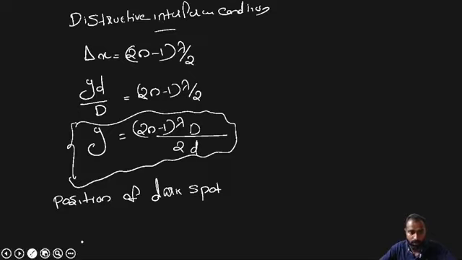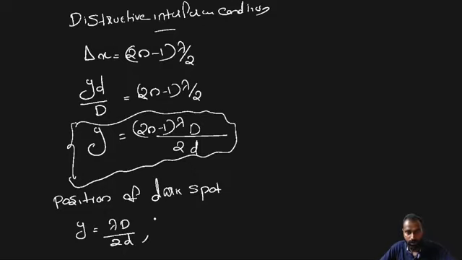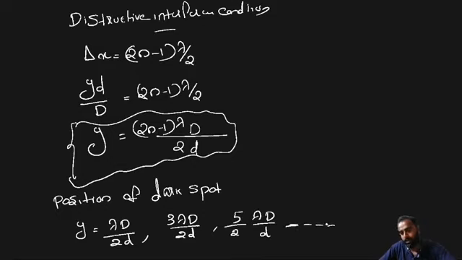So y will be, for n equal to 1, lambda D by 2d, and for n equal to 2, 3 lambda D by 2d, and then 5 lambda D by 2d, etc. So this will be the position of destructive interference, that is, the dark points.